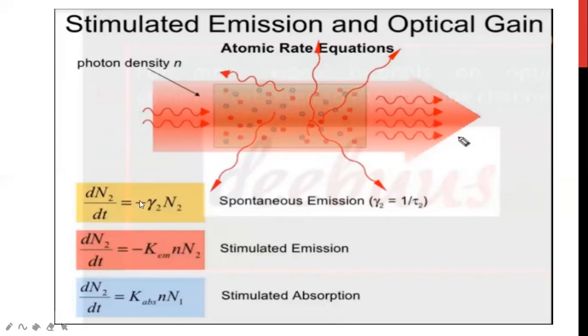The minus sign indicates that due to this emission, the electrons are getting back to the lower energy level from the higher energy level. So this is the spontaneous emission.